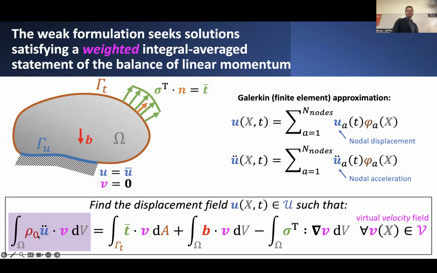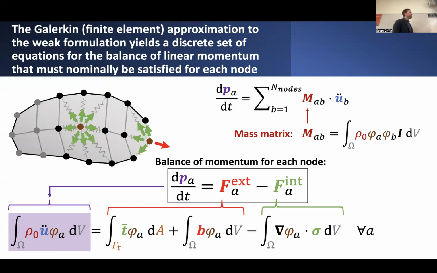If we're doing a finite element method, we have to be consistent with the way that we're discretizing the displacement field and this acceleration field, if it is indeed the second time derivative of the displacements. So if we plug in these two expressions for the displacement field and this acceleration field into the weak formulation, we can make a few manipulations and come up with our finite element residual equations.